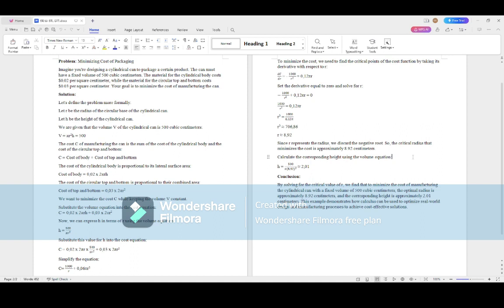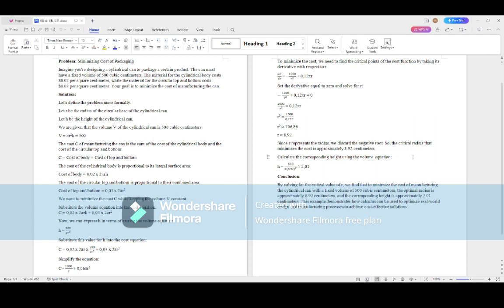Why is this problem important in our real life? The problem of minimizing the cost of packages is not just an exercise in mathematics. It directly relates to real-world considerations. By optimizing packaging design, companies can achieve multiple benefits.